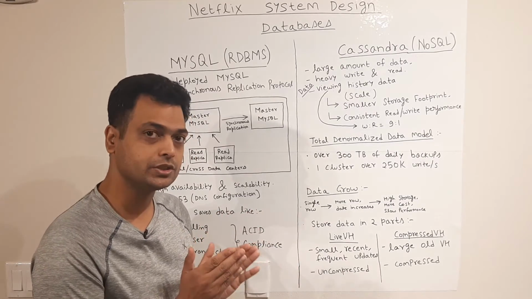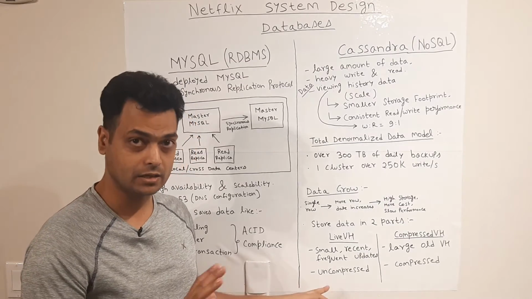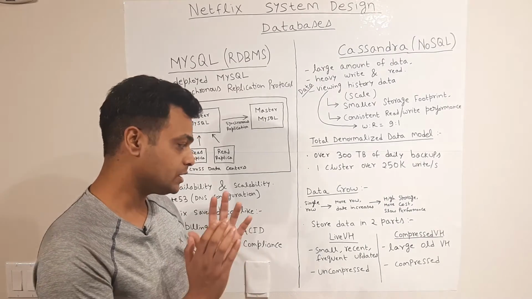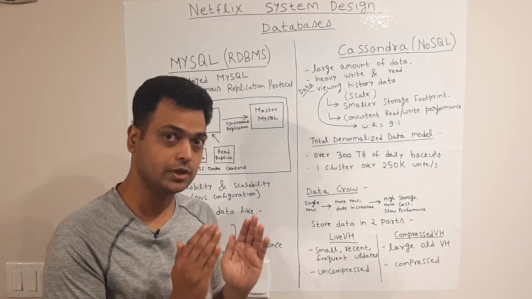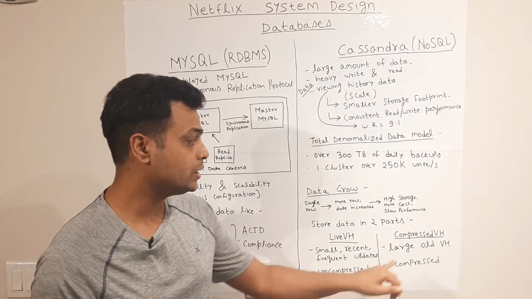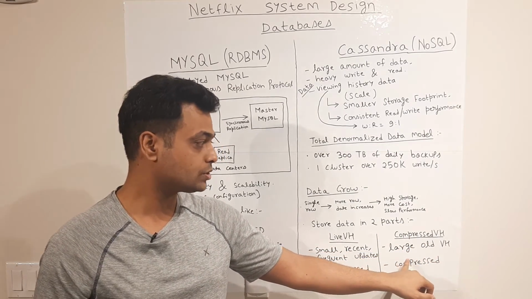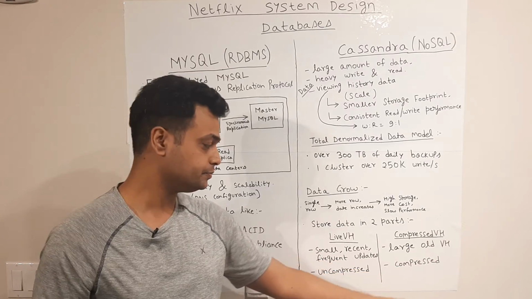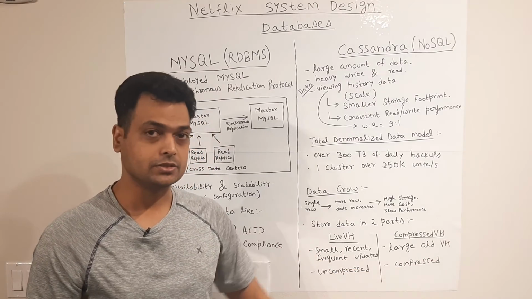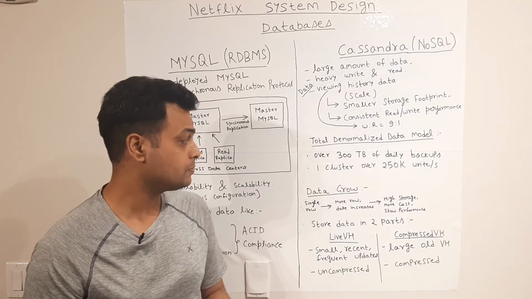So only a small chunk of data is stored as live viewing history, and it is uncompressed. Once that time window is passed, the same data is moved to a compressed viewing history storage, which stores large old historic data, and it is compressed, so that saves Netflix a lot of space and cost.